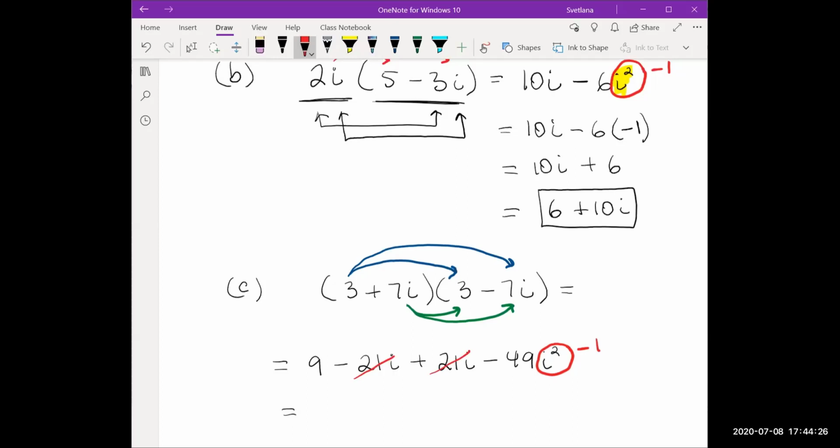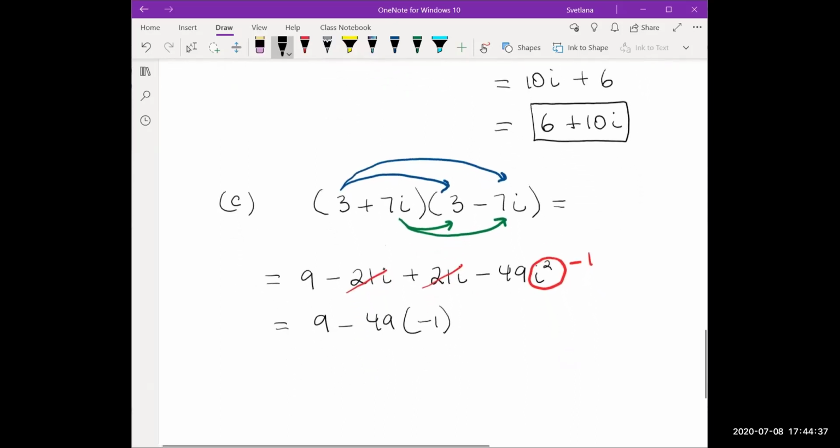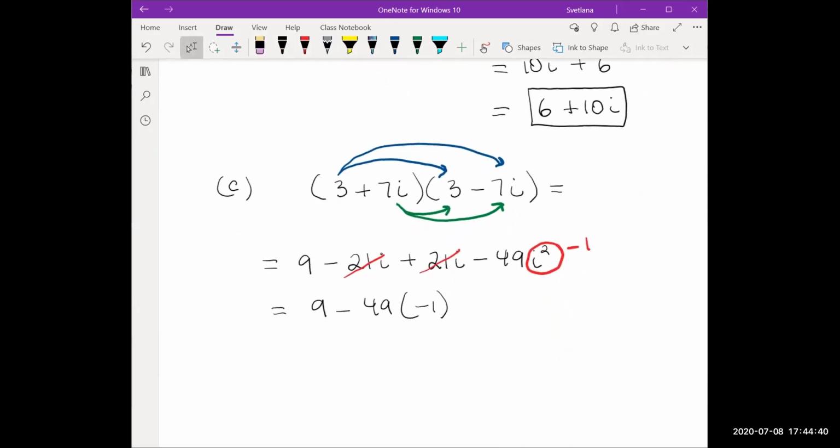I'm left with 9 minus, and I like to write this step out, negative 49 times -1, because this way I get the correct sign. The common mistake at this step, where you replace i squared with -1, is to mess up the sign.